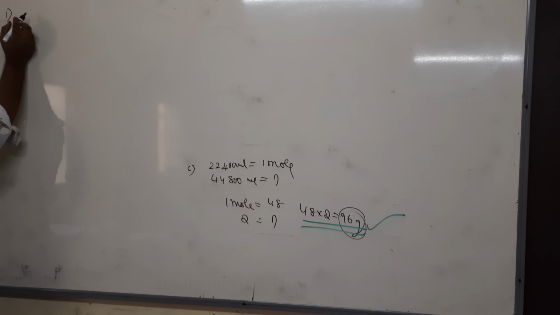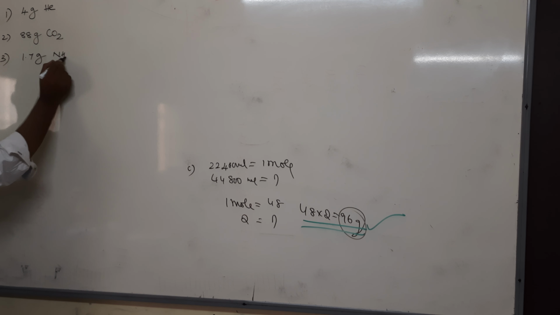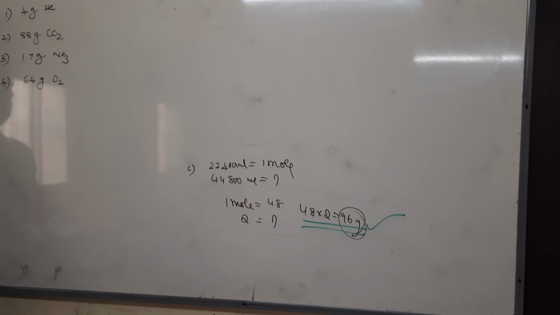1. 4 gram helium. 2. 88 gram CO2. 3. 1.7 gram ammonia. 4. 64 gram oxygen.